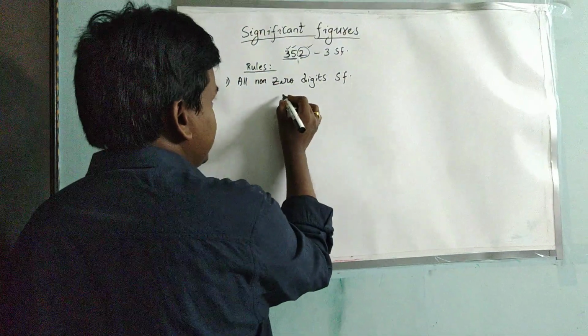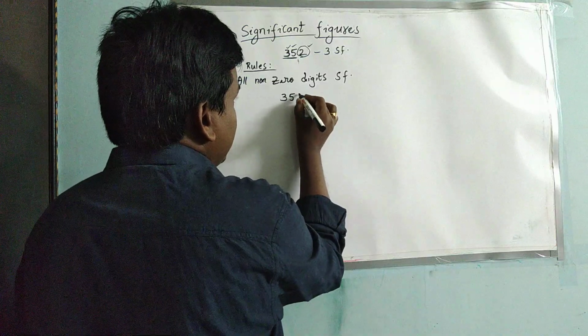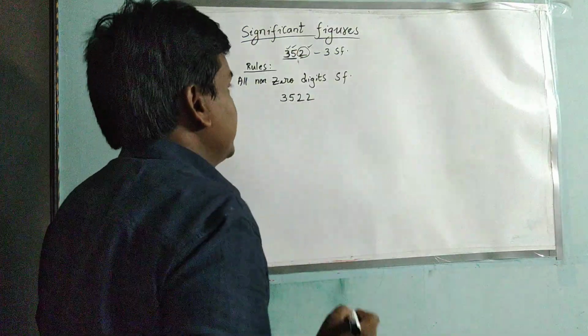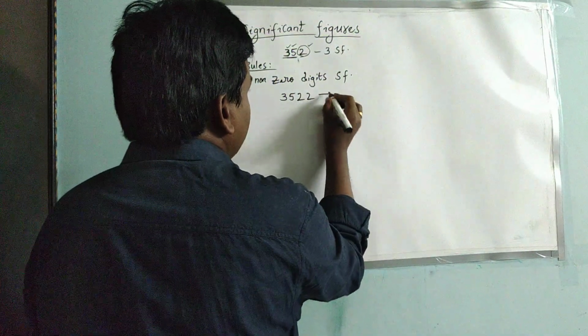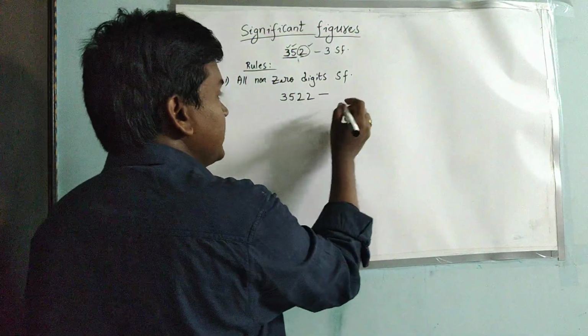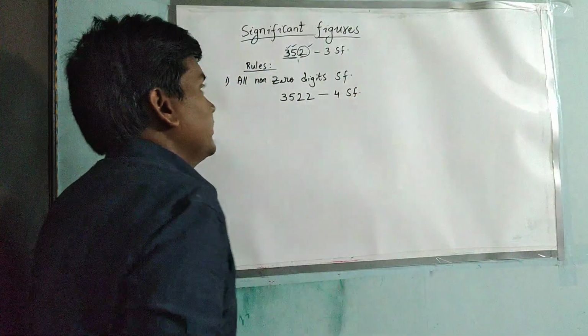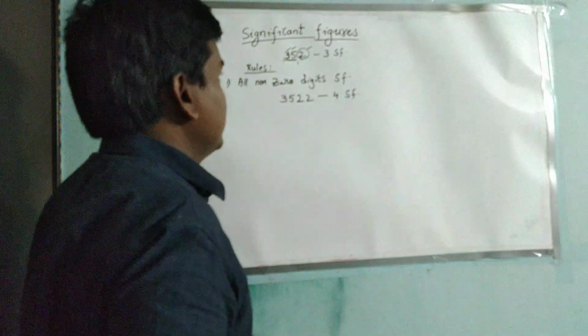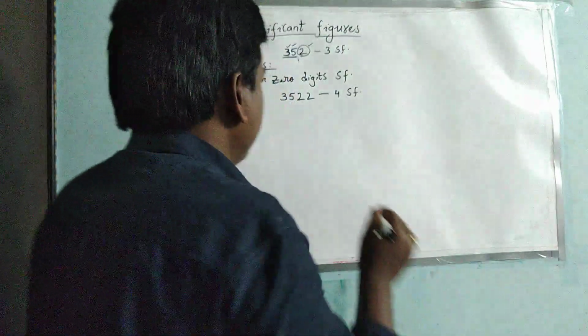For example, consider 3522. Here these are all non-zeros, so the number of significant figures in this number is 4: 1, 2, 3, 4. So all non-zero digits come under significant figures.